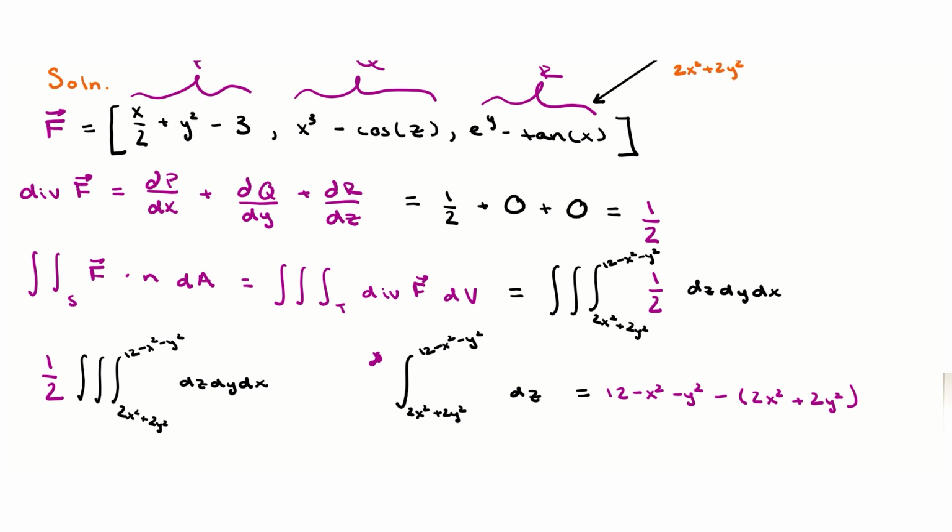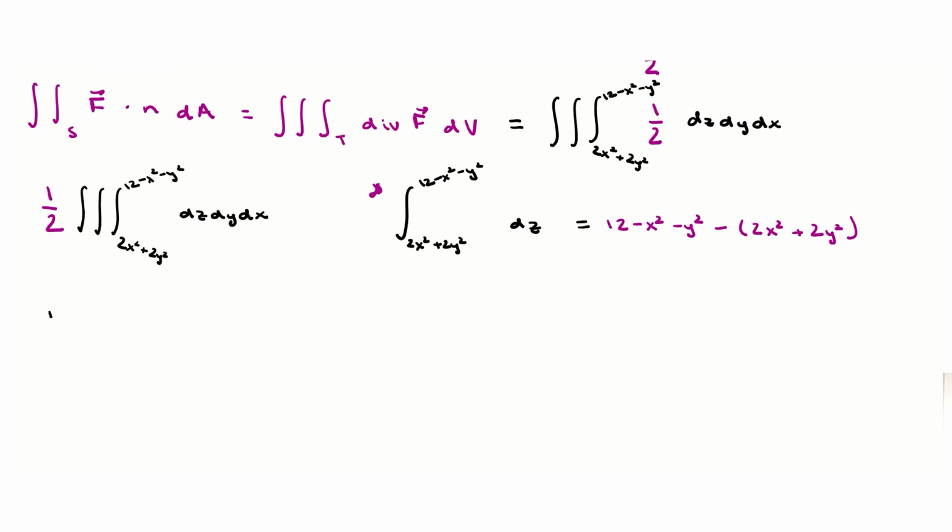So we'll just subtract our lower bound from our upper bound. This leaves us with 1/2 times the double integral of 12 minus x squared minus y squared minus 2x squared minus 2y squared.